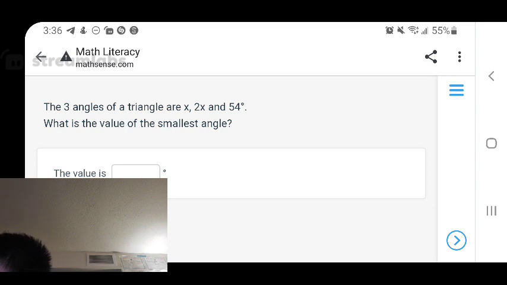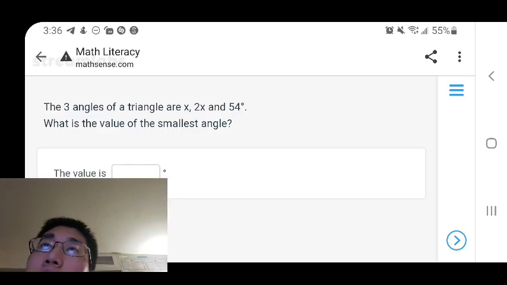You do 3x equals 180 minus 54, that's 126. X is 126 divided by 3. That's 42. So 42 is actually the smallest angle.